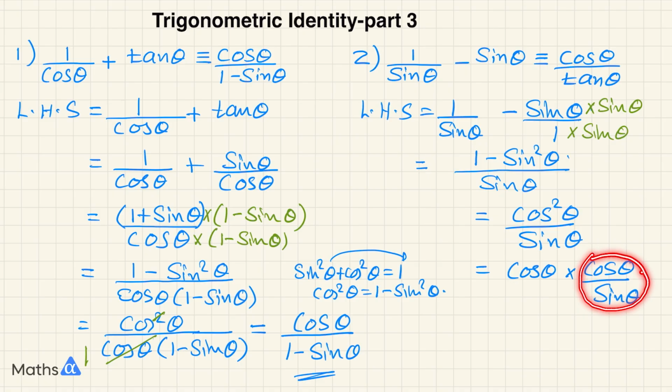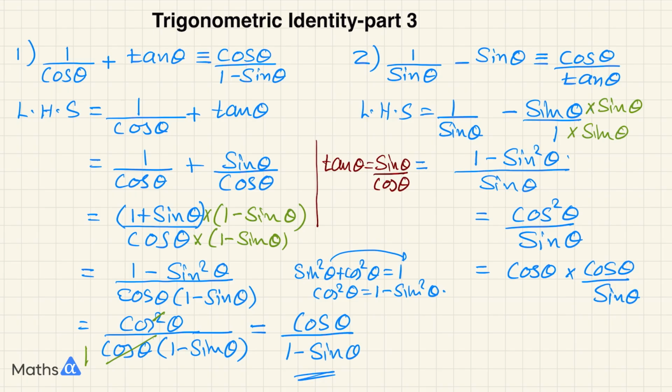If you look at this fraction, we know that tan theta equals sin theta over cos theta. But what we have here is cos theta over sin theta. So to get that, I need to flip this fraction over.